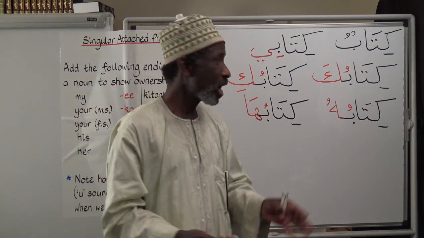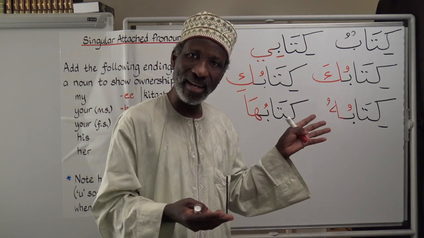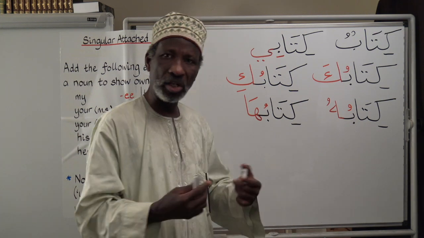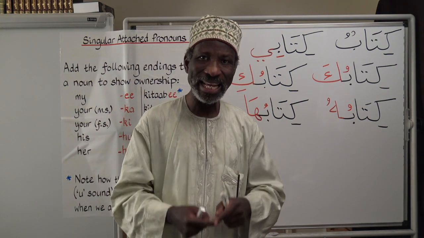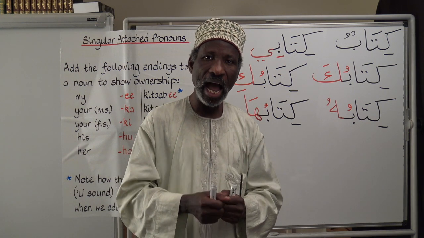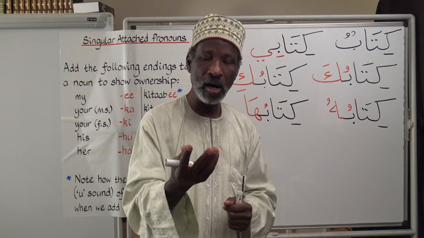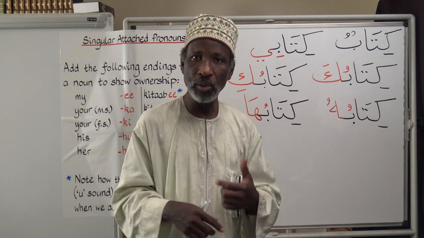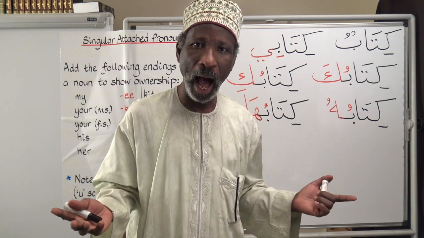Remember the principle, and then all you need to learn is the attached pronoun, the ending, those letters. So you just learn i for me, ka for you male, ki for you female, and hu for his and ha for hers. Just learn what I say: i, ka, ki, hu, ha.